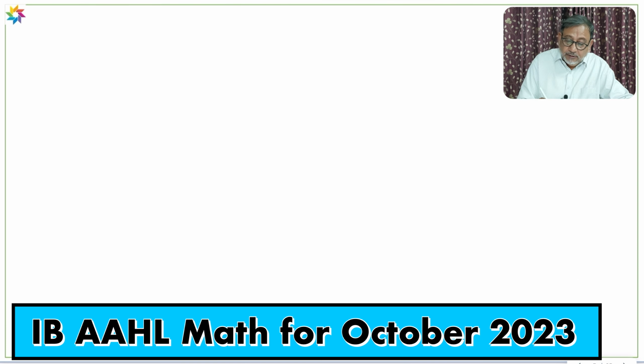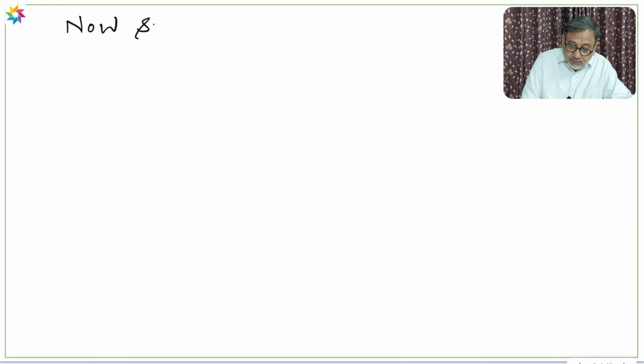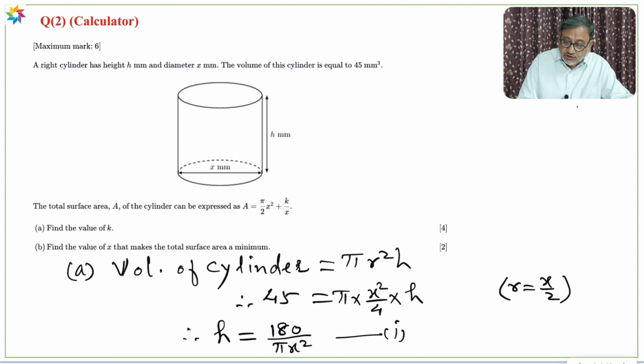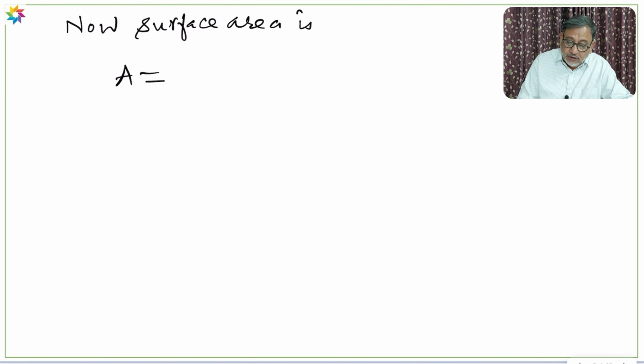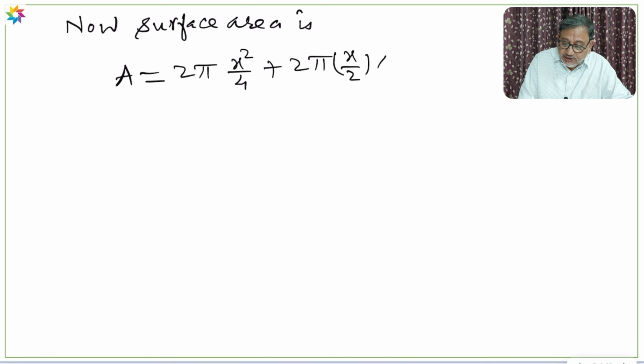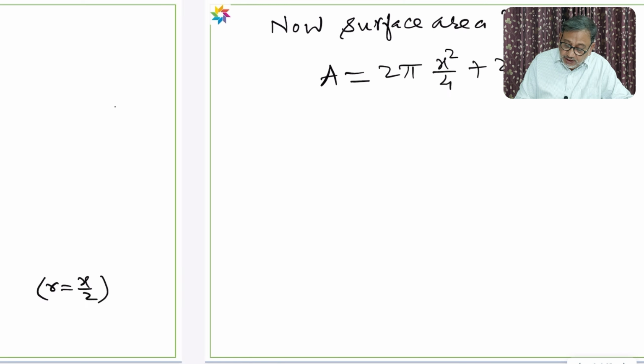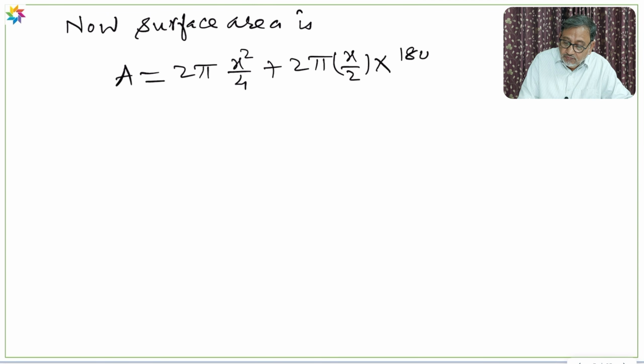Now surface area A is equal to, see, the two circular parts, so 2 pi r square will be there, and r is x by 2, so 2 times pi x square by 4, same thing, pi r square, plus 2 pi r h, right? 2 pi r is x by 2, h I have found here, 180 by pi x square, from 1.